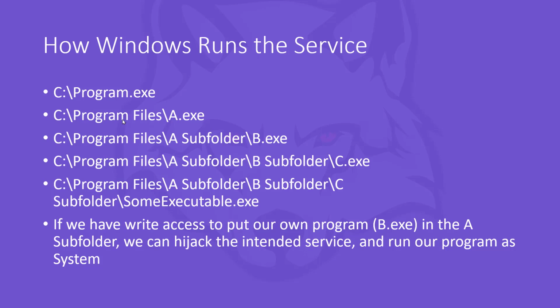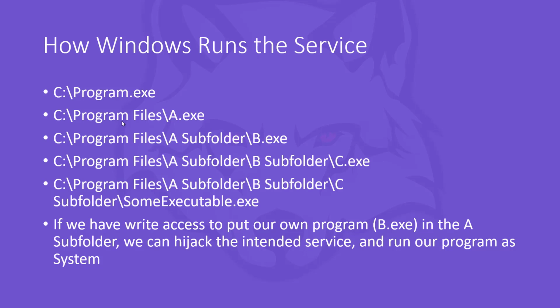Let's go to C:\Program Files\ and then it sees A and the space between subfolders and says, oh, you want to run A.exe, and the subfolder and everything else must just be an argument. But that fails, so then it's going to try and go one level deeper, and it's going to see that there's a B.exe it wants to run because it sees that space.